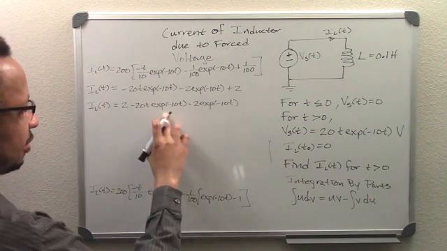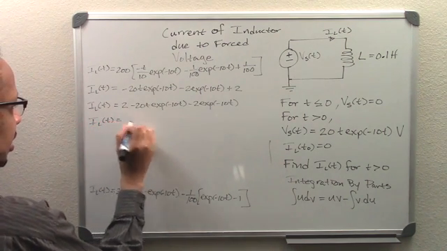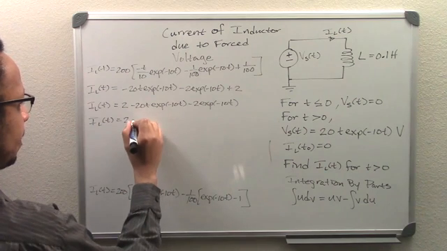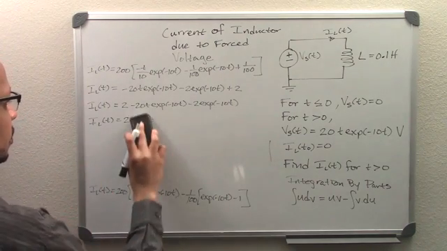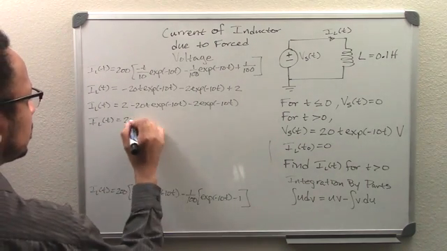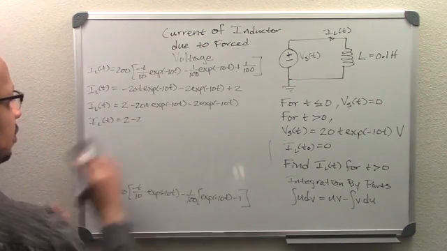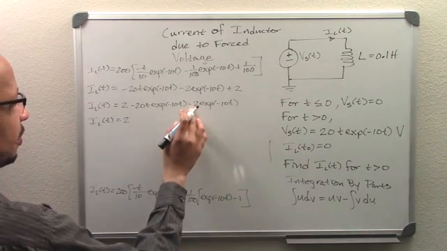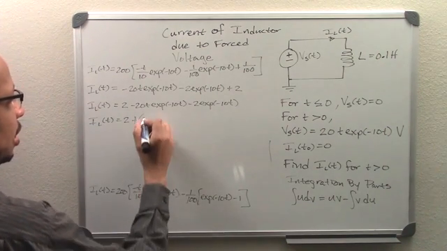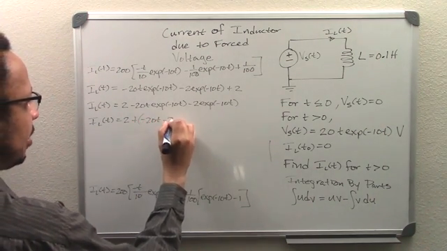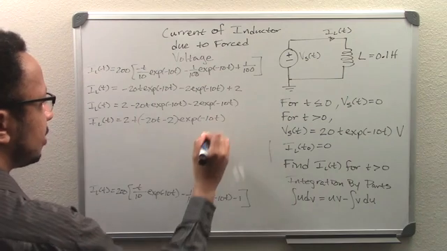Next, what we'll do is factor out our exponential here, and so now we have iL of t equals 2 minus, when we factor out here, we'll bring out the negative 20t and the 2, so we'll have negative 20t minus 2 times exponential negative 10t.